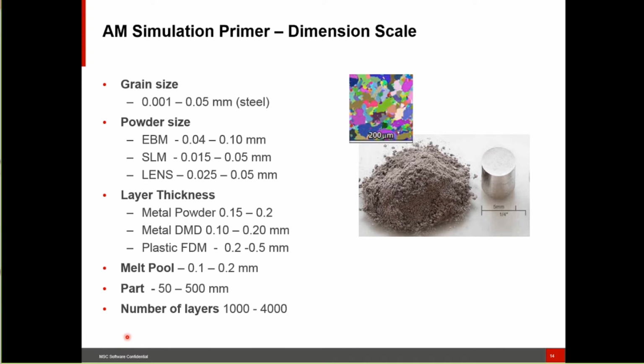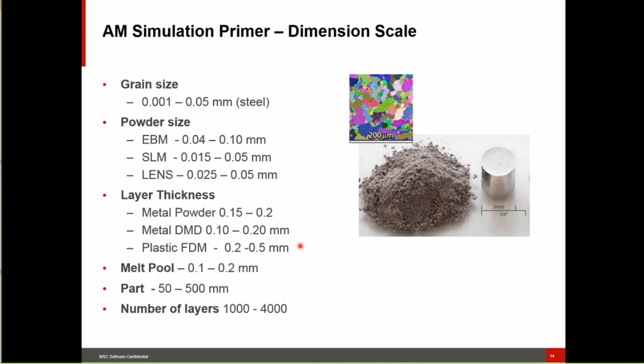The other issue that makes this challenging from a simulation perspective is we have different orders of dimension scale. We can think about grain size, and that's important in terms of the final hardness of the product. We can talk about the powder, and the powder is a fraction of a millimeter in size, depending on which technology you use. The fact that we layer up the powder in multiple layers, and again, the layer thickness is a fraction of a millimeter.